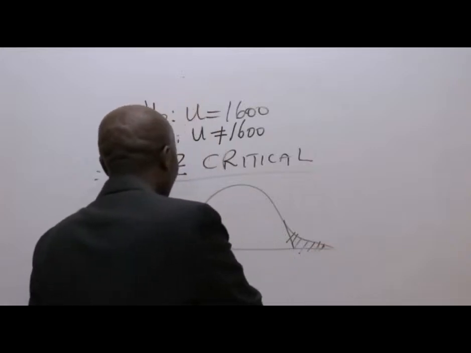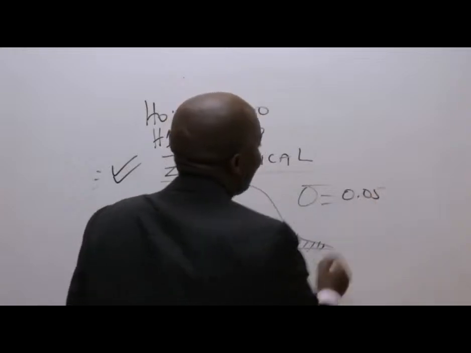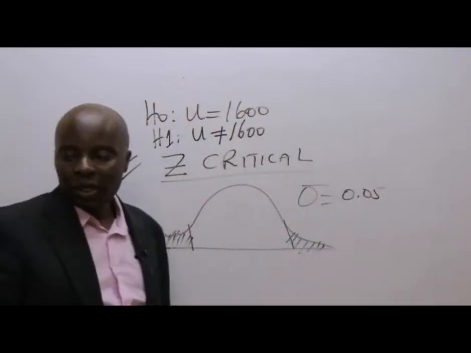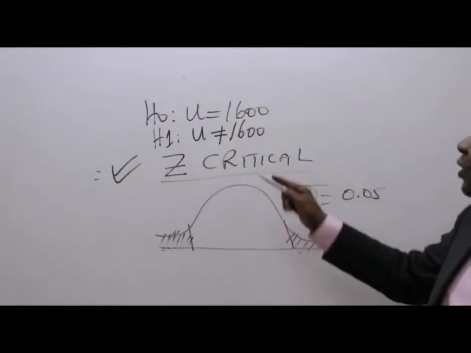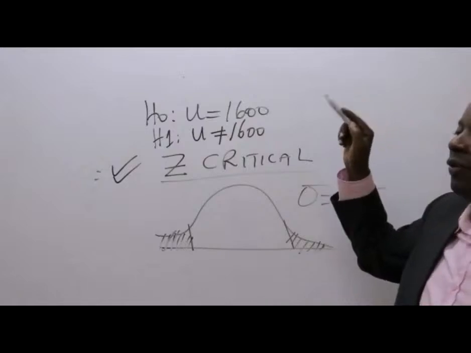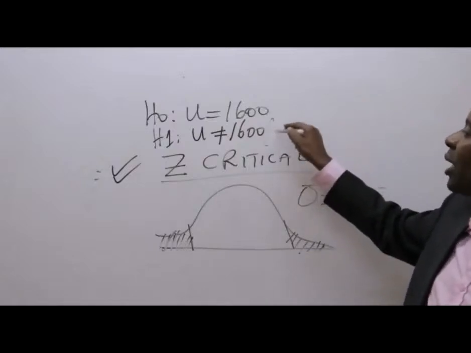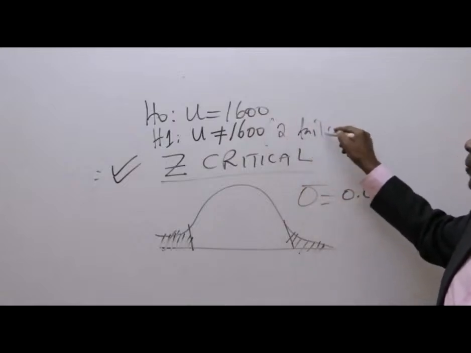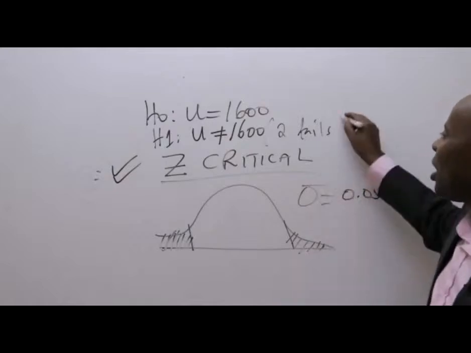He has told us that the level of significance happens to be 5%. 5% happens to be 0.05. The moment you give me a level of significance, given that this one is a not equal, given that it can go either way, there are two directions, it means that you are handling a two-tails test.